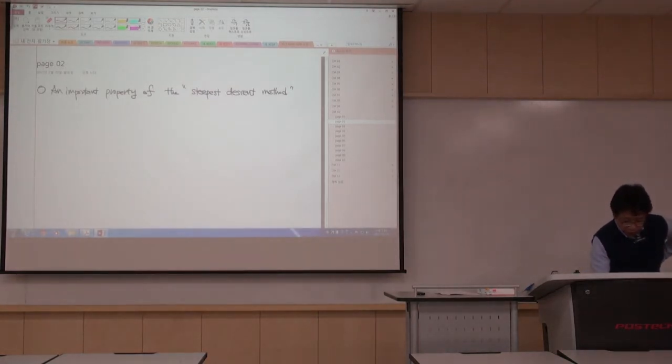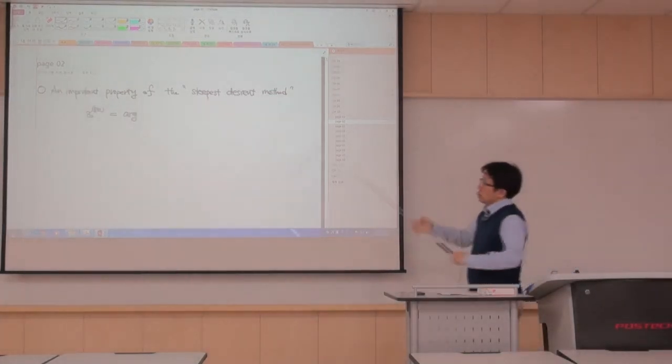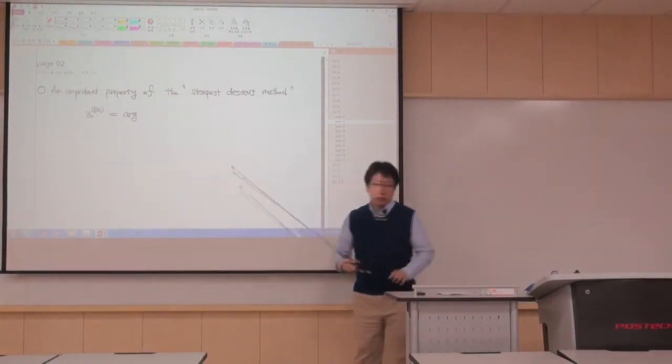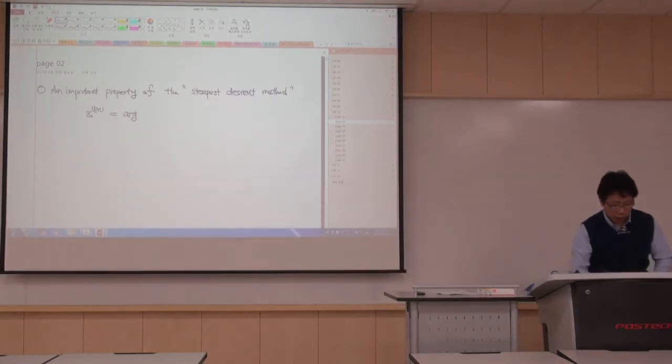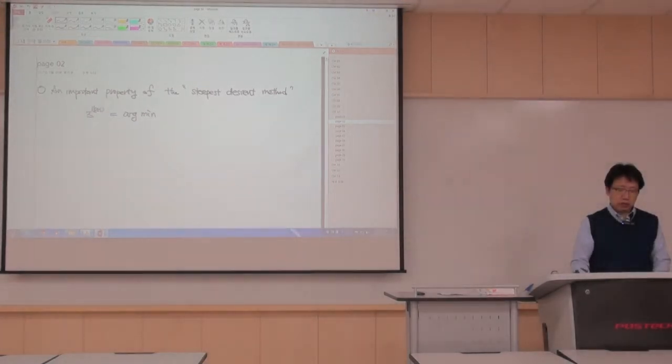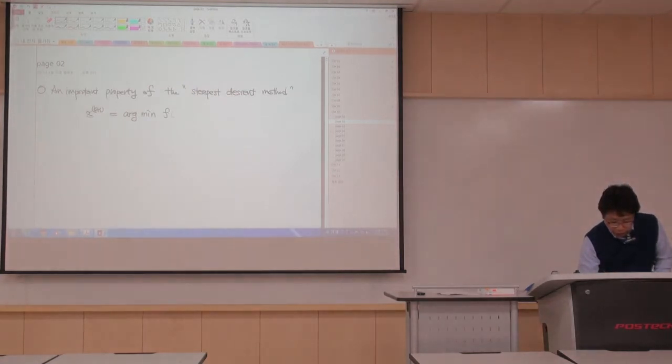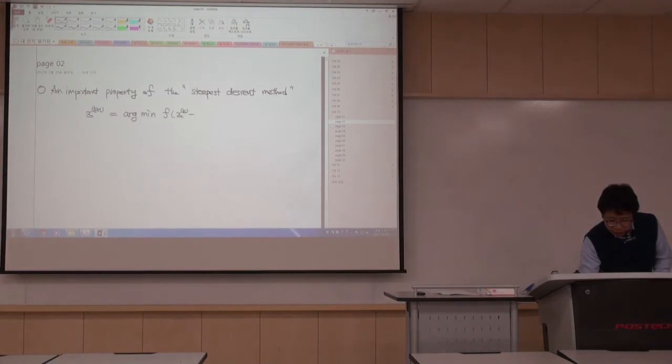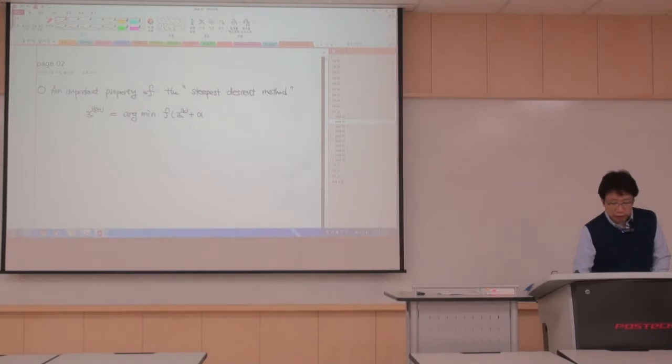Okay. So the k plus 1th iterate is defined as the argument, so I put arg here, the argument that minimizes, because our standard form is to achieve the minima, minimize the function value at the kth iterate plus some alpha times the negative gradient.